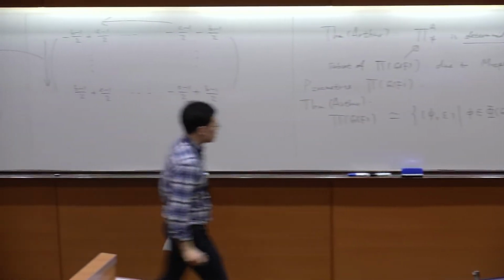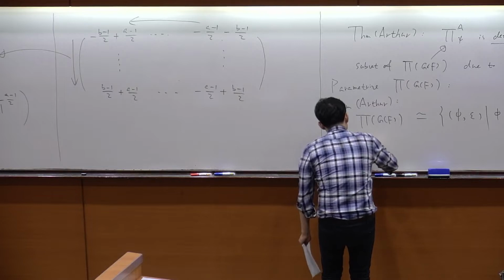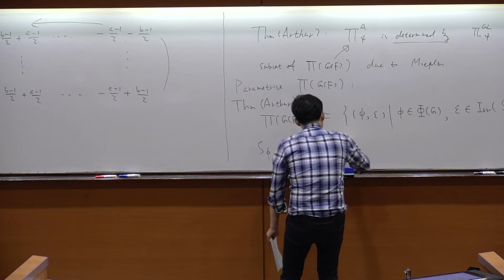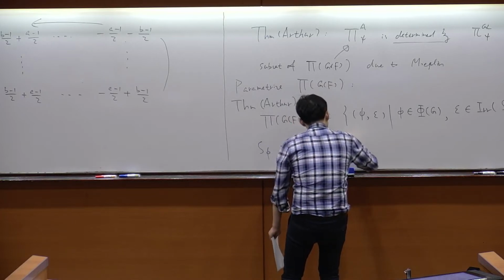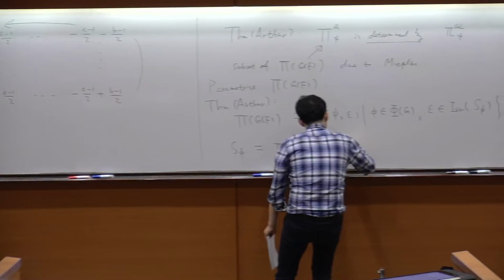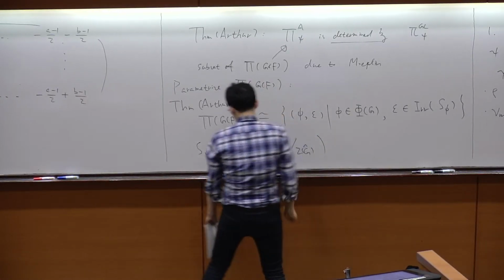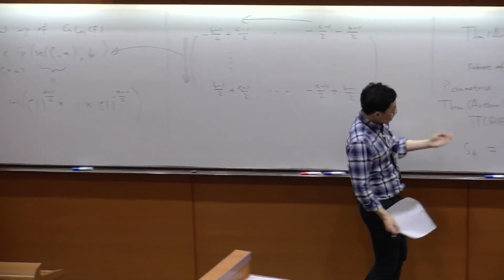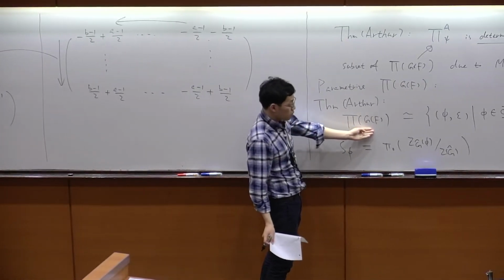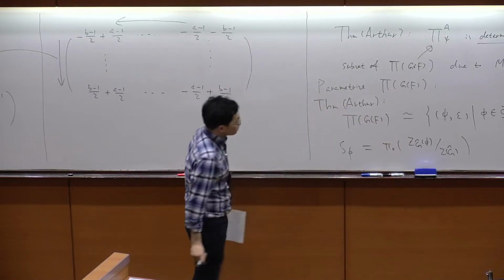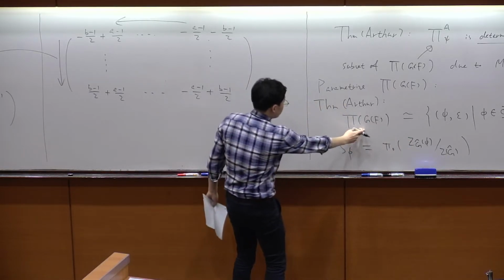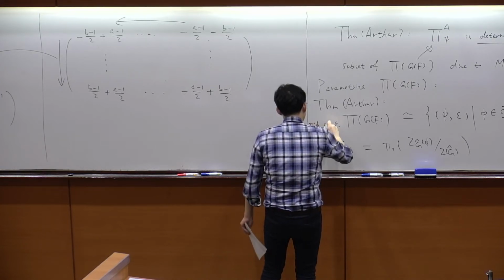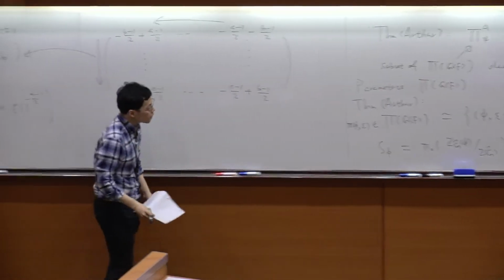So S phi is defined in Mark's talk as the curly S phi. So it's basically the component group of the centralizer of this Langlands parameter modulo the center of G hat. So that's how we parameterize every irreducible representation. Okay? And because of this, we can write the irreducible representations here as pi phi epsilon. Okay? And phi epsilon will be its parameter.